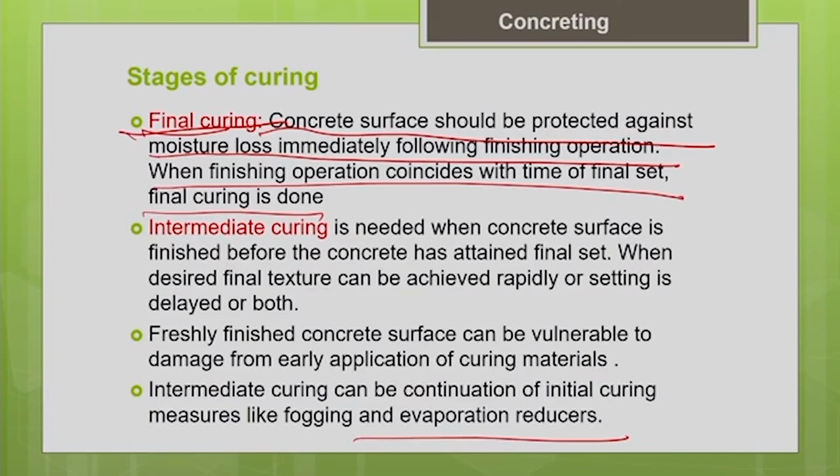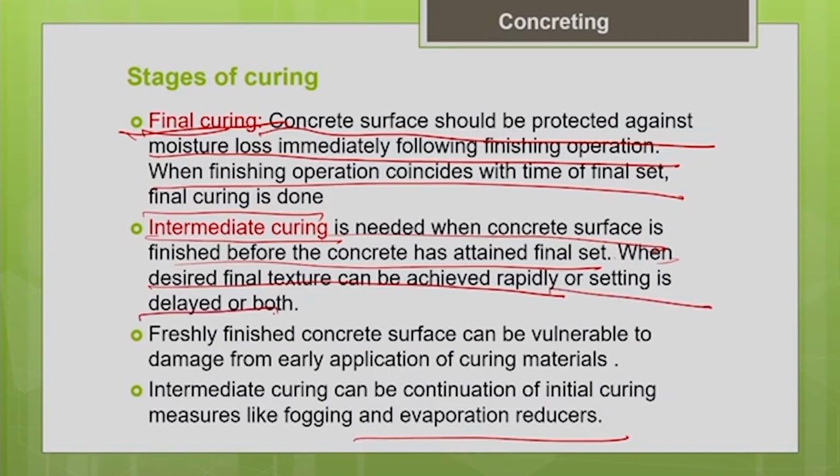But in some cases intermediate curing is needed, when the concrete surface is finished before the concrete has attained the final set. In some cases we complete the finishing process before the final set itself, because the desired final texture can be achieved rapidly, or because the setting is delayed.